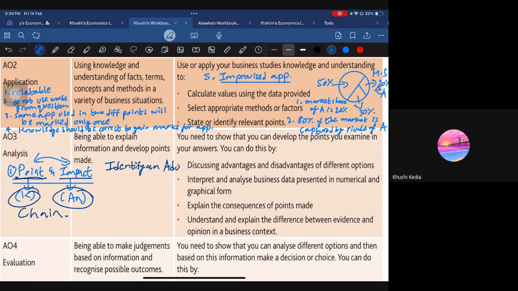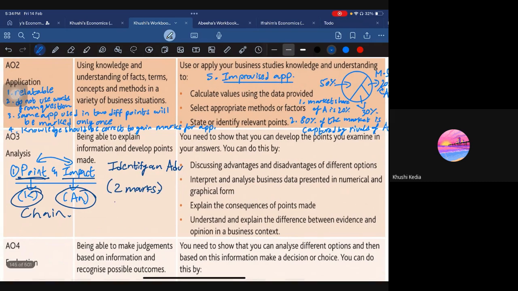But where you are not going to get the 2 marks is, let's suppose the question was of 2 marks and it said give two factors, and there was a space given for factor one and for factor two. So you wrote the first factor and it was correct. But in factor two, you wrote two factors, one and then another one. It's not like an 'and'. It's like you have put a full stop here and then gave another factor in the second factor. If this is the right one and this is the wrong one, will it give you the marks?